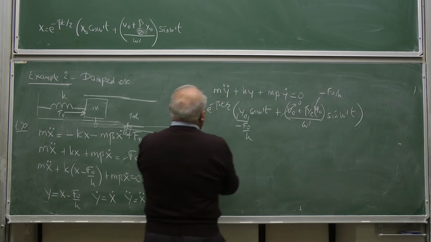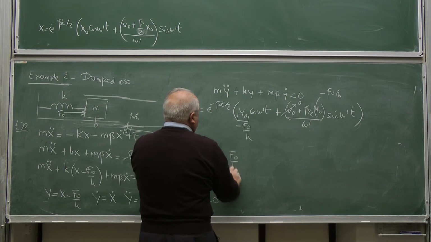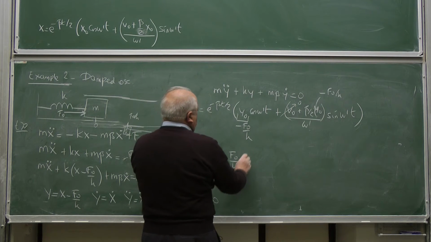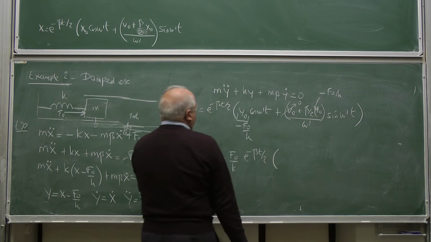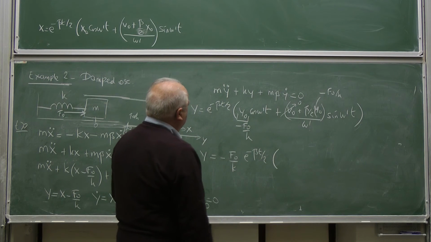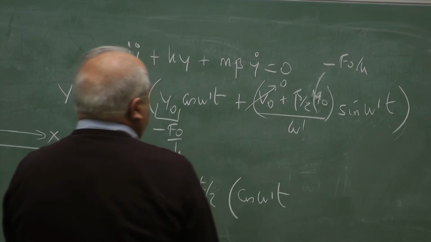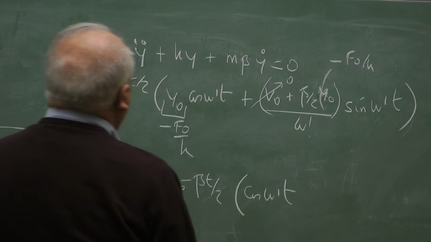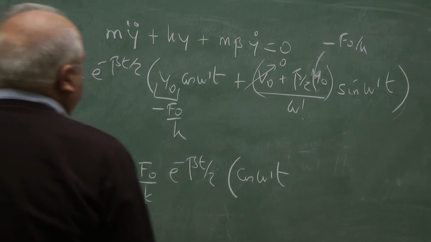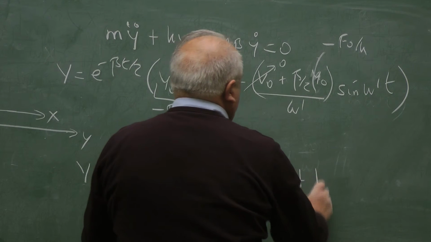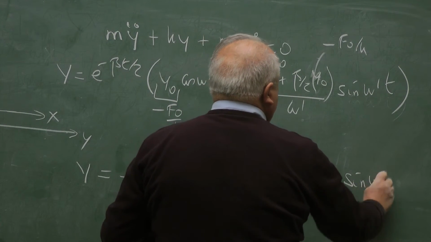So y is equal to minus F0 over k, e to the minus beta t over 2, times (cosine omega prime t plus beta over 2 omega prime sine omega prime t).